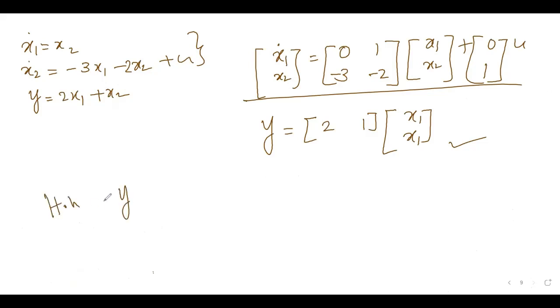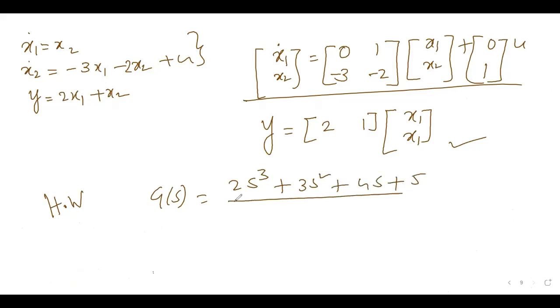Find the state variable form of the system whose transfer function is given by G(s) equal to 2s cubed plus 3s squared plus 4s plus 5 divided by s to the power 4 plus 6s cubed plus 7s squared plus 8s plus 9. Okay.